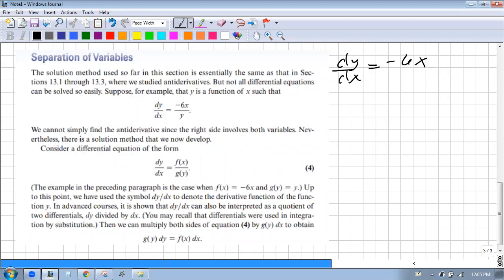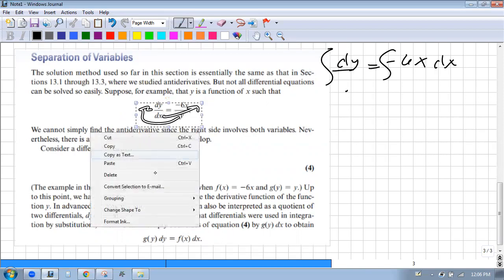So you have y prime is a function of x. This has x's and y's and y primes. There's a lot of stuff going on. And you can't really just solve the way we did it before. But what we can do is we can get all the y's on one side and all the x's on the other.